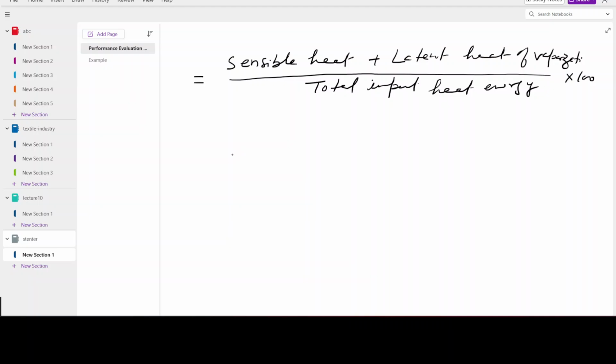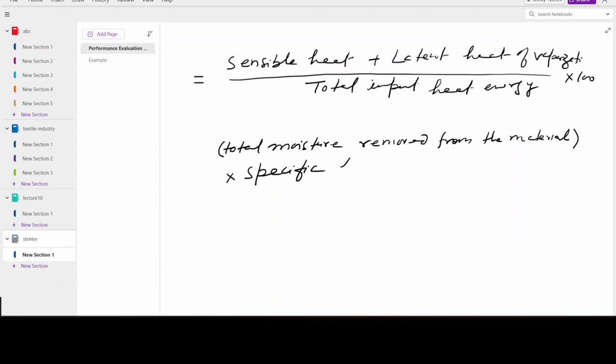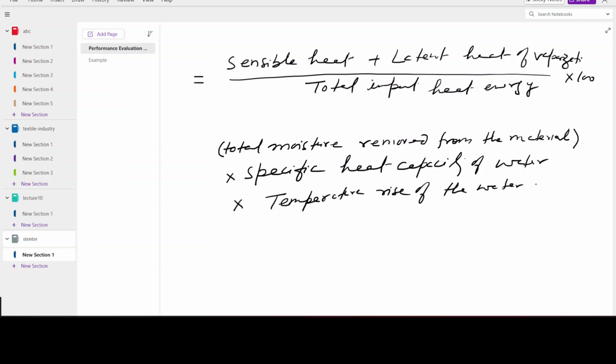Here mass is total moisture removed from the material, or mass of the moisture removed from the material, multiplied by a specific heat capacity of water, multiplied by temperature rise of the water in the material.